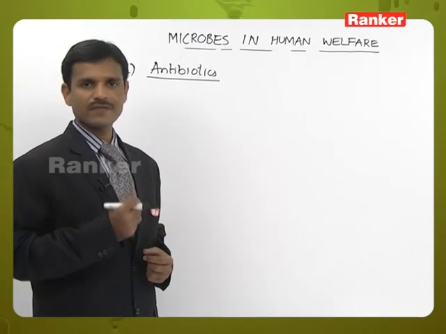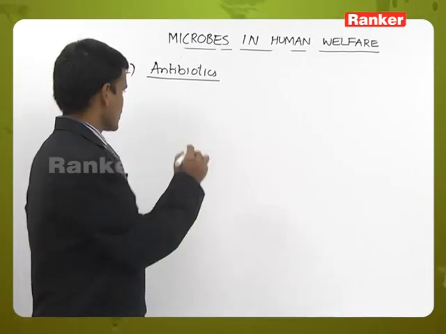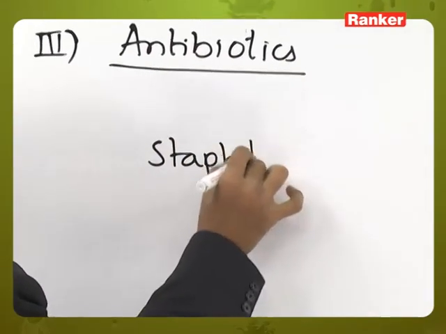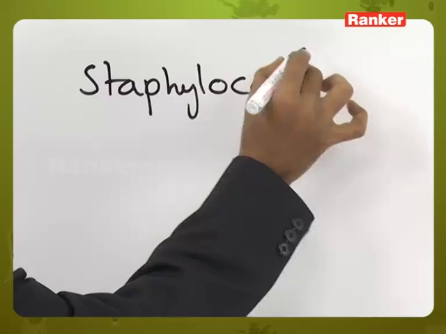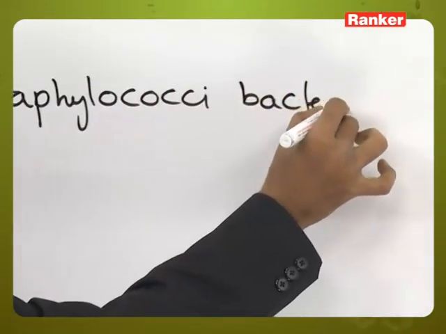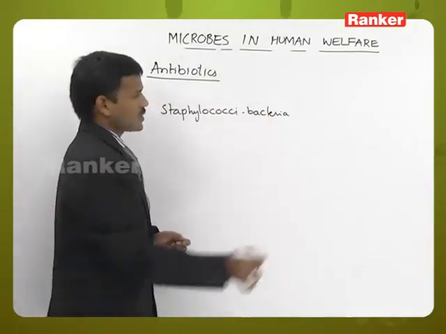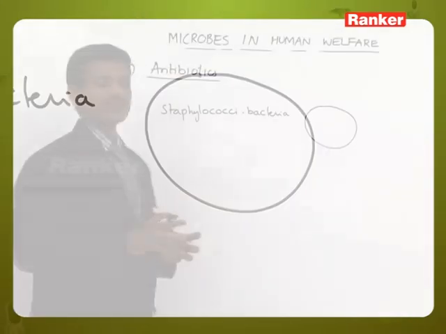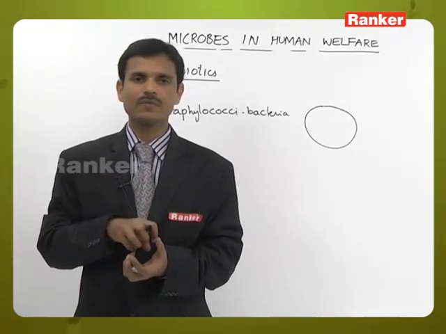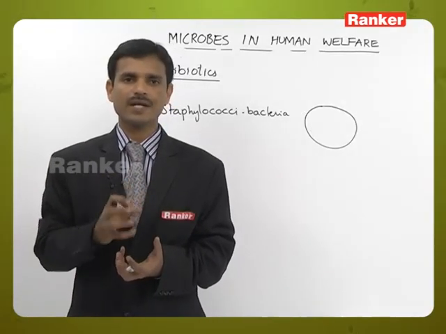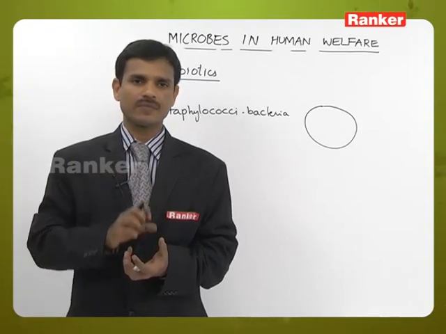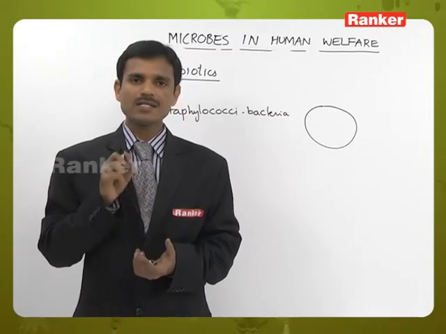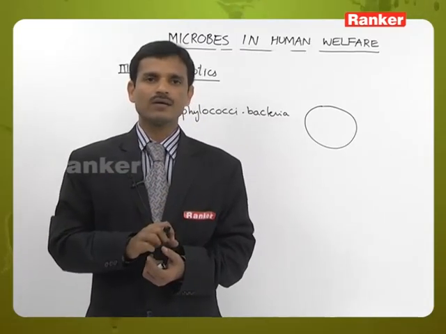He was studying Staphylococci bacteria in a petri dish. In an unwashed petri dish, some bacteria were remaining. In the unwashed petri dish the bacteria were growing, but in some places no bacteria were observed.